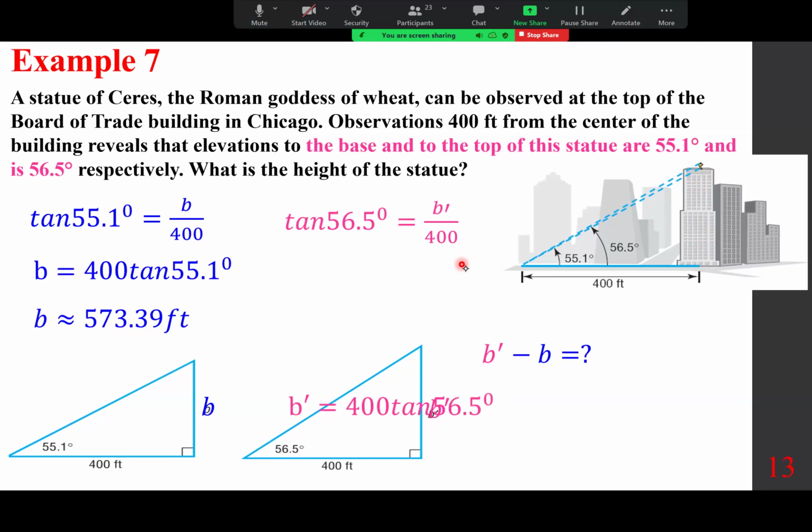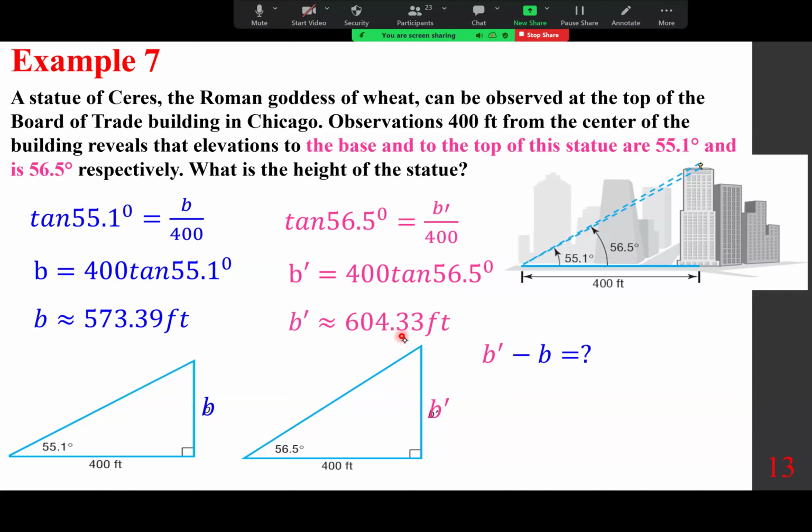Putting it in a calculator gives us 604.33 feet, which means from the base of the building to the top of the statue is this much. So the difference between these two must be the height of the statue. Subtract this from this one. B prime minus B is 30.94 feet. So almost 31 feet.